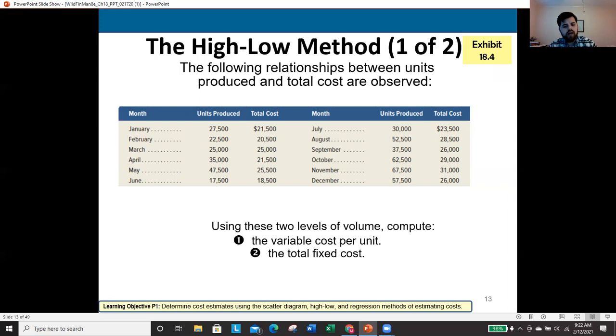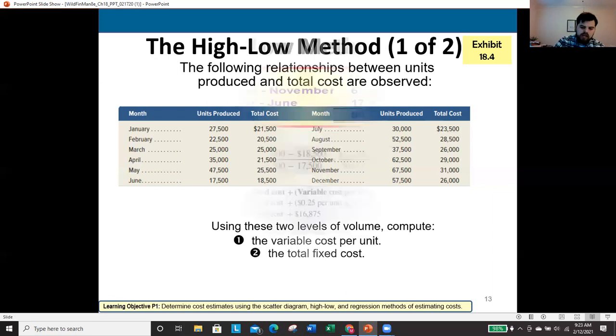What we need to base this on is the amount of volume, not the cost. While it may be true that the highest production month has the highest cost, it also may not be. So in the case that you have differences in there, you will be basing your decisions on the highest and lowest levels of production, not on the amount of total cost.